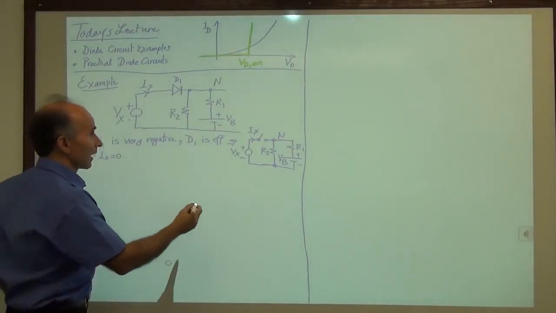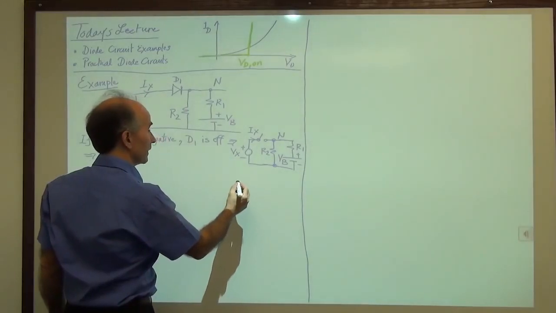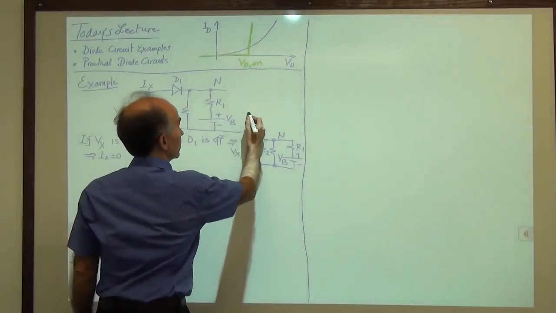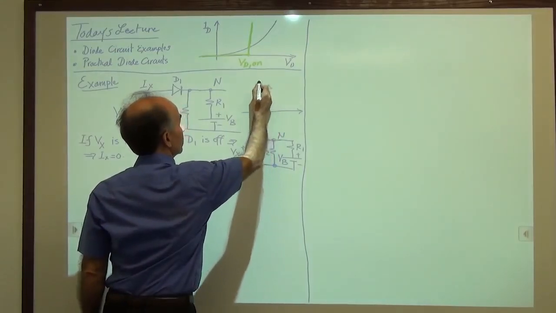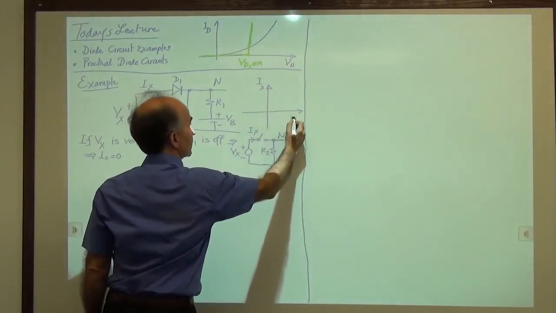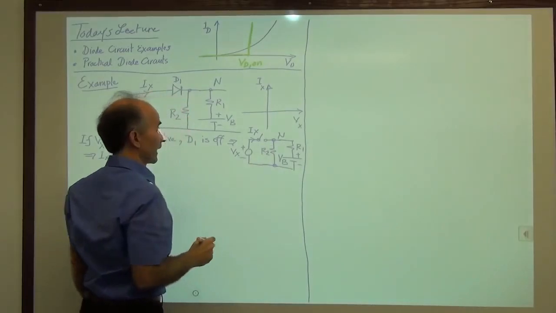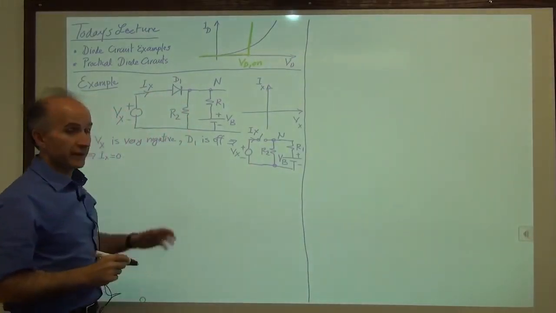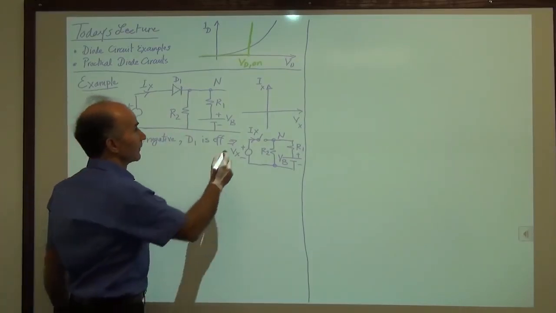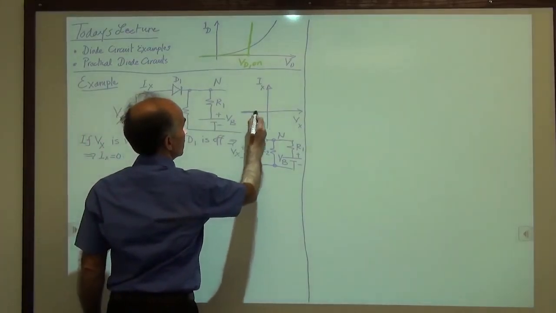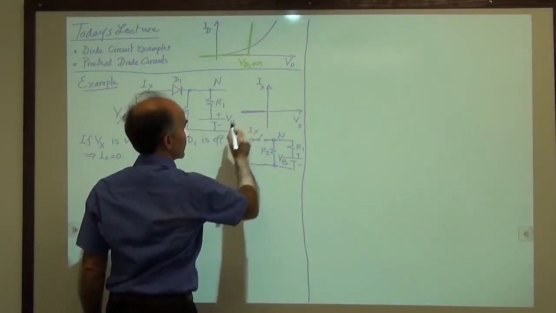Okay, so then I can go ahead and draw the axes like so, Ix, Vx, and I know that for some range of Vx, the diode is off and the current is 0.